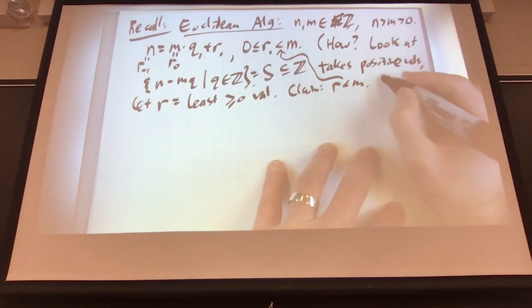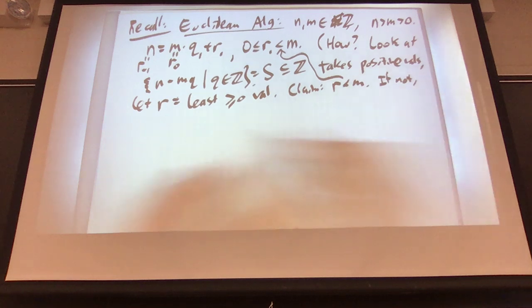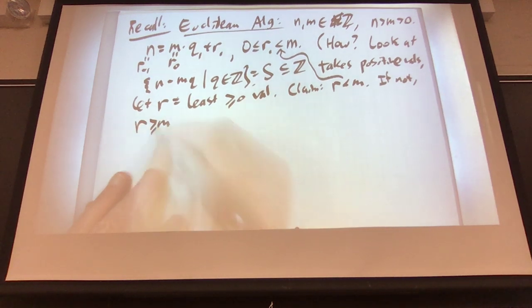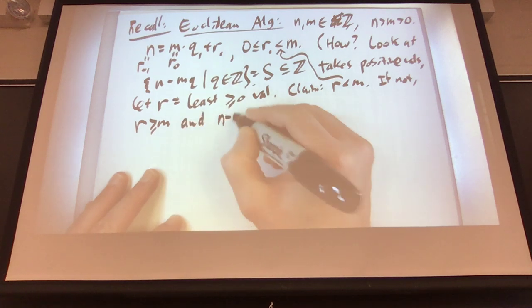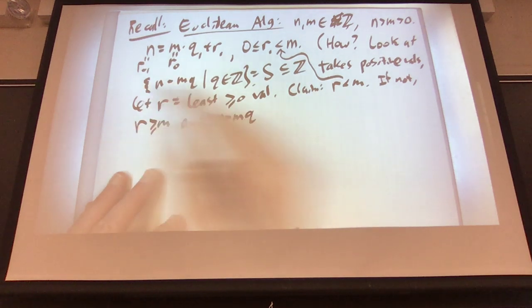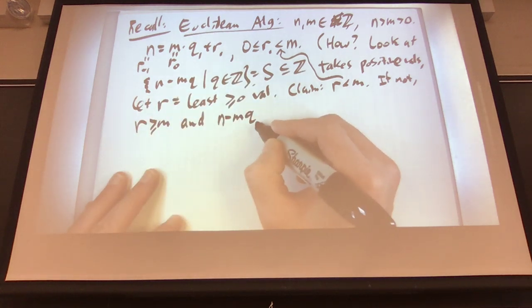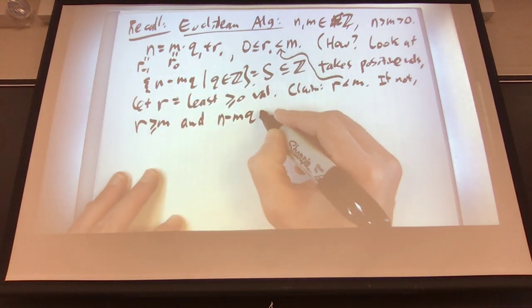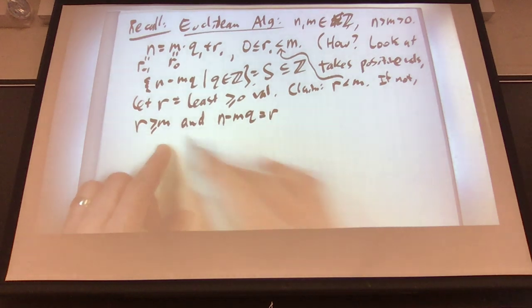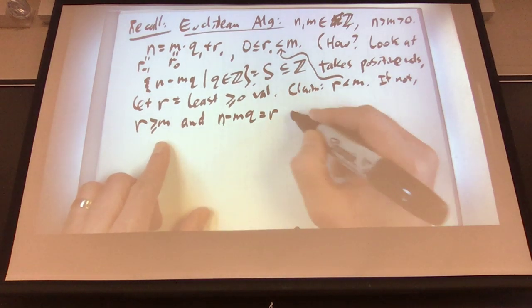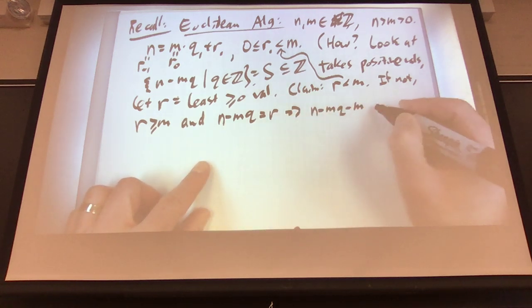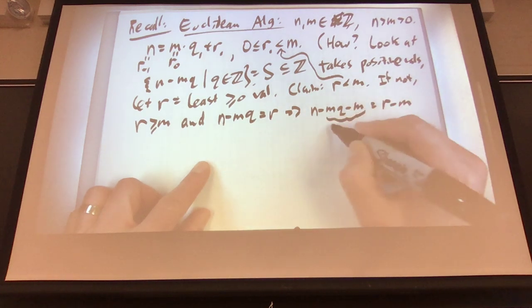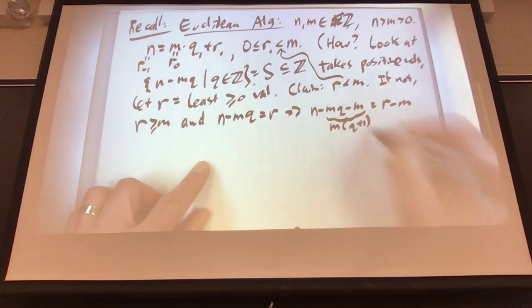If not, so r is greater than or equal to m, and look at this expression, n minus mq equals r. Well, I can subtract m from this. Then n minus mq minus m is r minus m. But this is also n minus m times q plus 1.